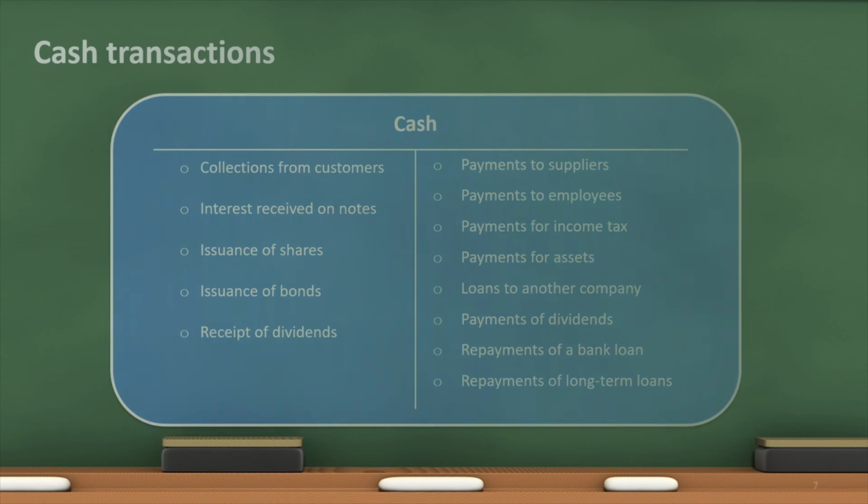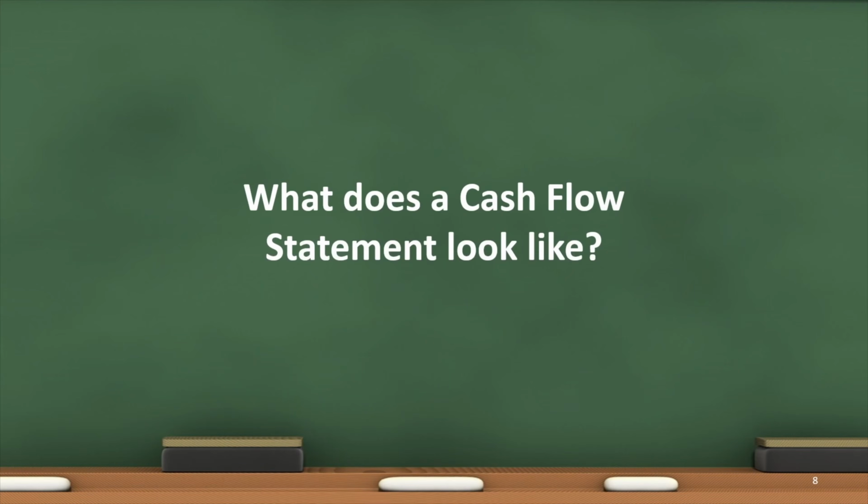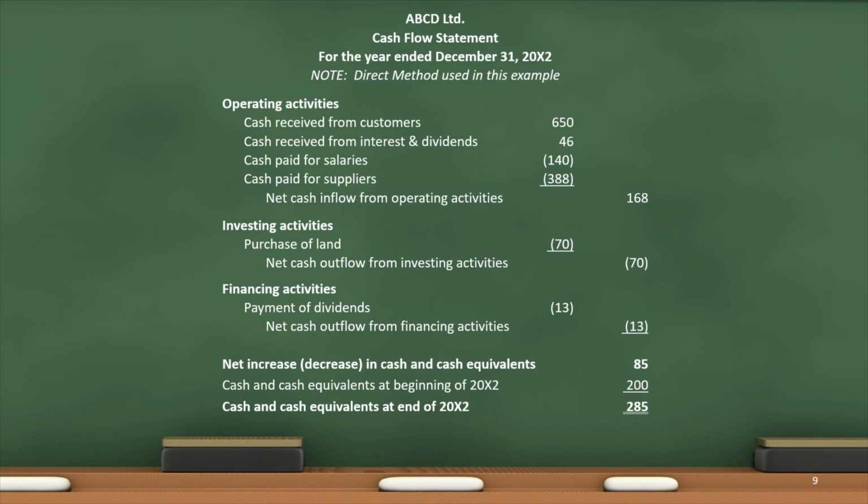But what does an actual cash flow statement look like? Let's take a look at an example. There's a lot to take in on this screen. You may wish to pause the video for a moment. I'll ask you to focus your attention at the very top.